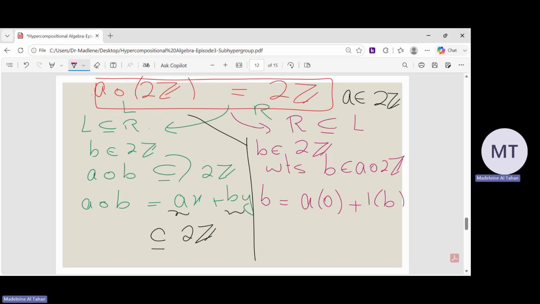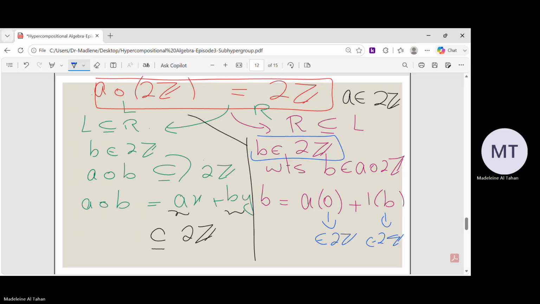Look at this 0. This 0 belongs to Z, and this one belongs to 2Z, right? So this one is in A round B. And A round B is a subset of A round 2Z because B is in 2Z. You can try other things as well.